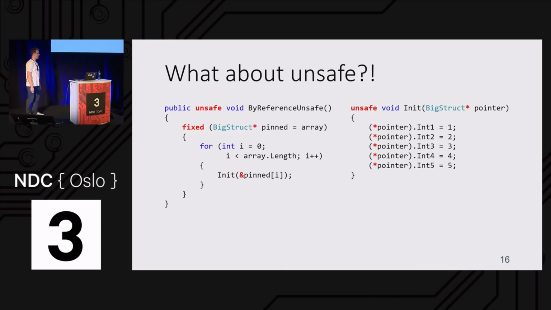But some of you can say that we could previously also use pointers in C#, because we could go unsafe, we still can go unsafe. The code isn't pretty at all. We have to switch to unsafe context, we have to pin the object in memory, and we have to play with ampersands and stars. So let's compare the unsafe way and the safe way.